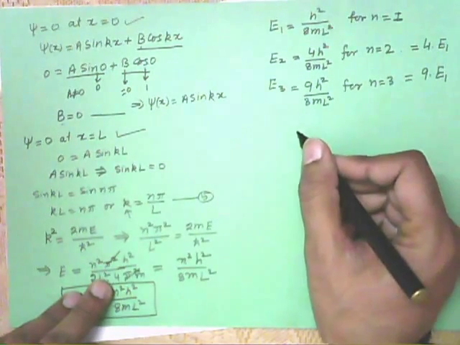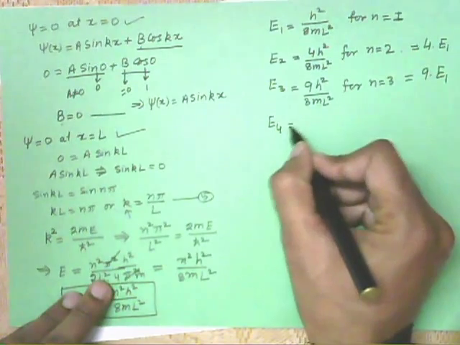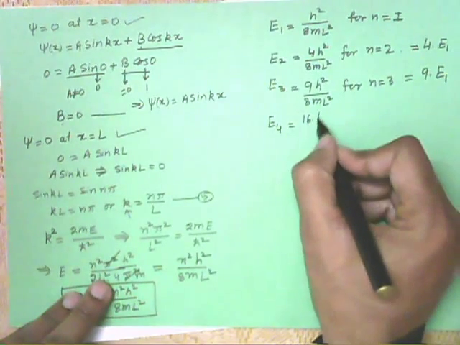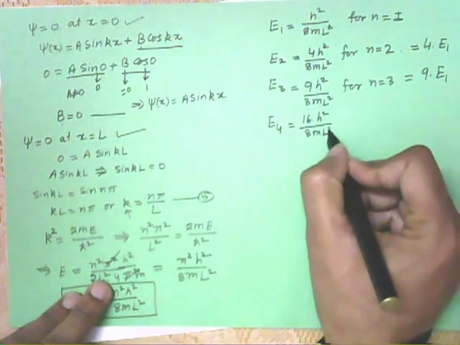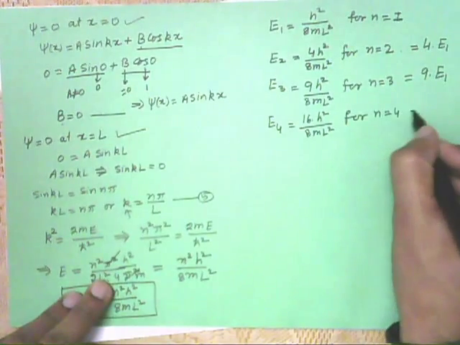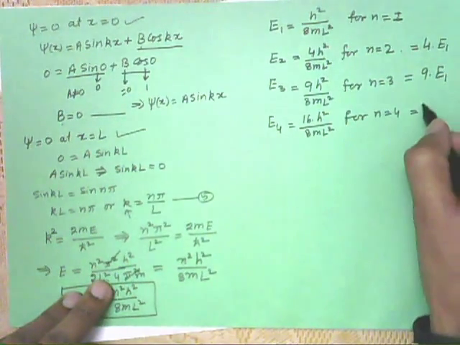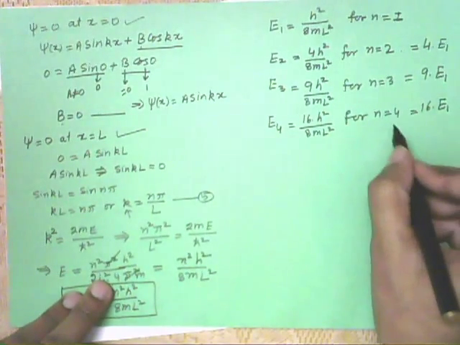Similarly E4 is equal to 16 h square upon 8mL square for n is equal to 4, and this is 16 times the ground state energy.